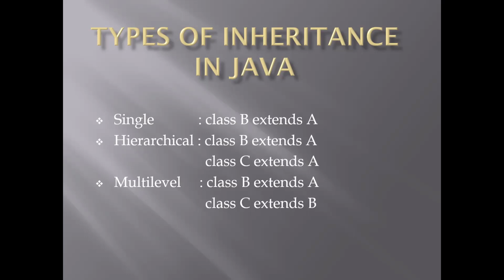Okay. One last point that I need to mention is that multiple inheritance is not supported in Java. Like in real life, did you ever see a child who has multiple fathers or multiple mothers, two or three fathers, four mothers? Did you ever see this? No, never, of course.